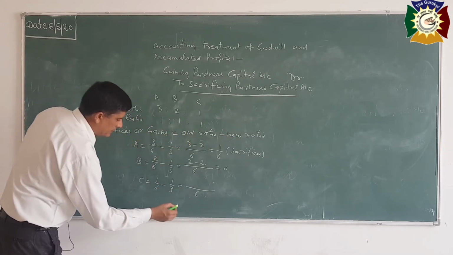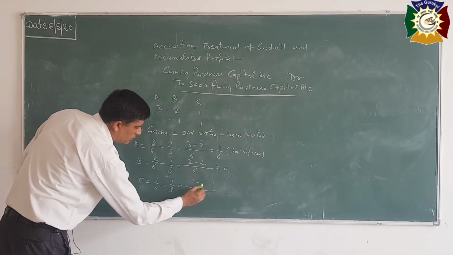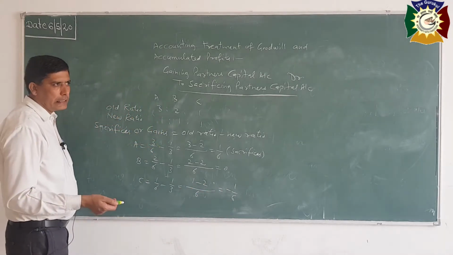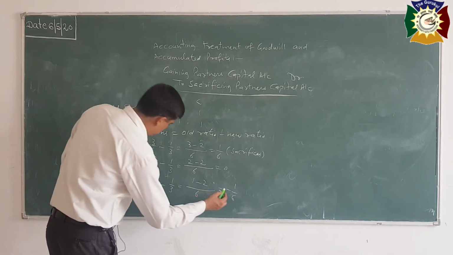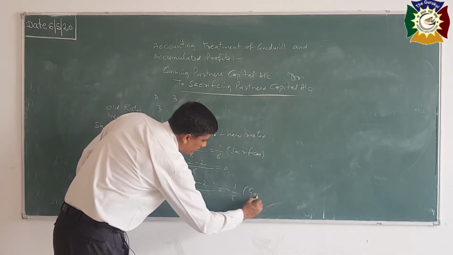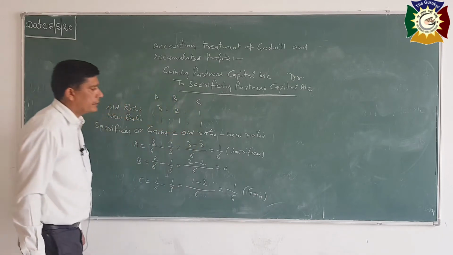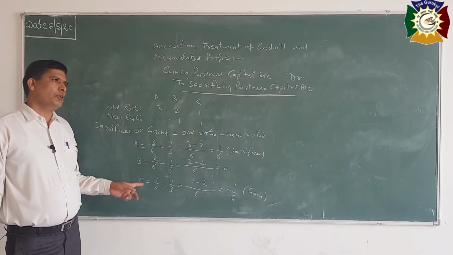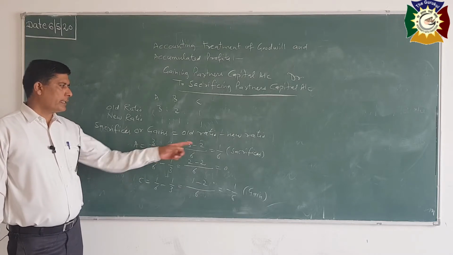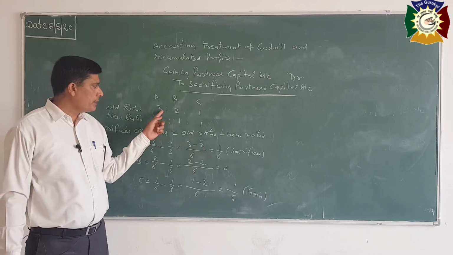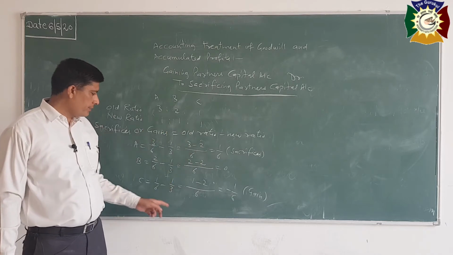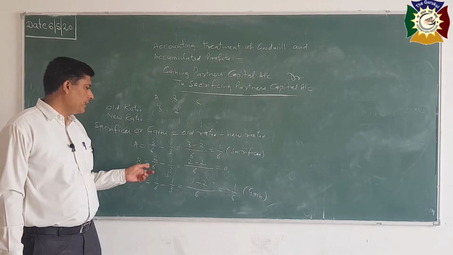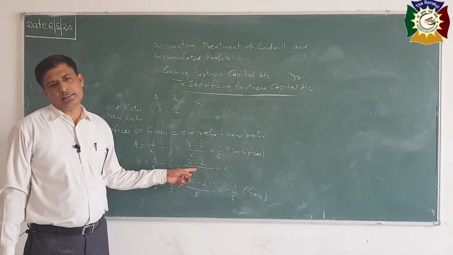So taking the LCM, the result is negative. If the share is negative, it means he will gain. So C will gain by 1/6 share. In this way we will calculate sacrifices or gains. So here A sacrifices 1/6 from his share in favor of C, because C is gaining 1/6 share. Here B has neither sacrificed nor gained.